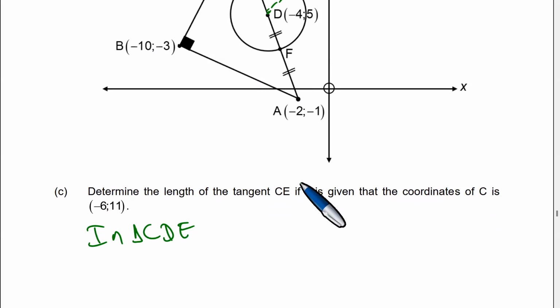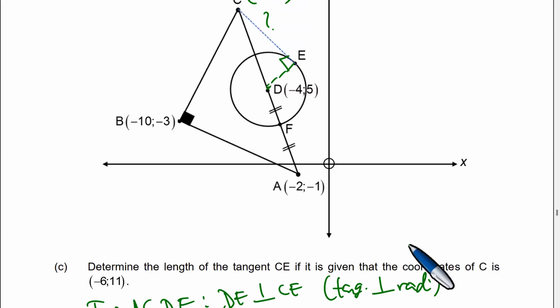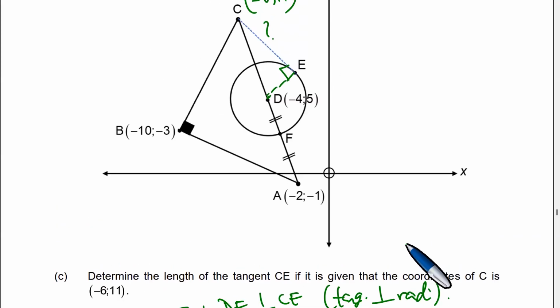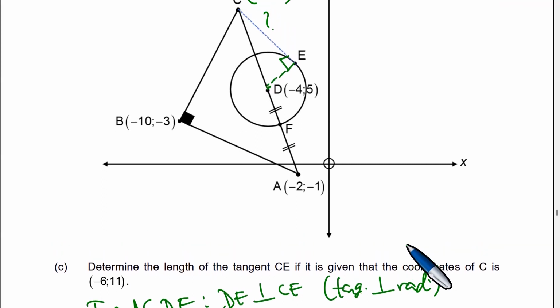So which means that DE, which is the radius, is perpendicular to the tangent. What is DE?